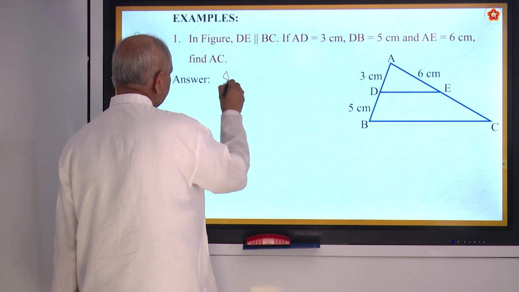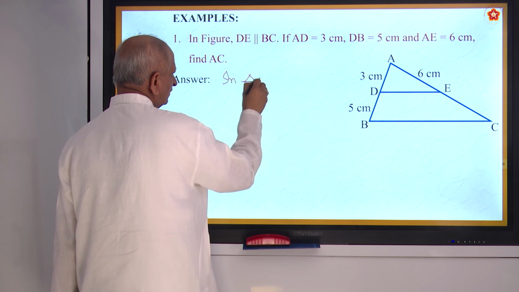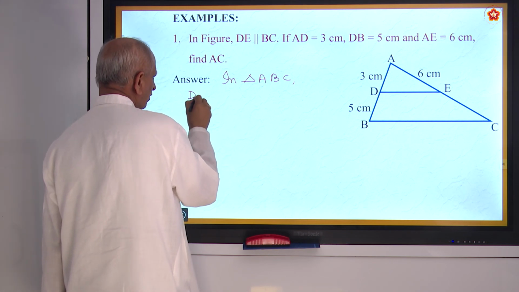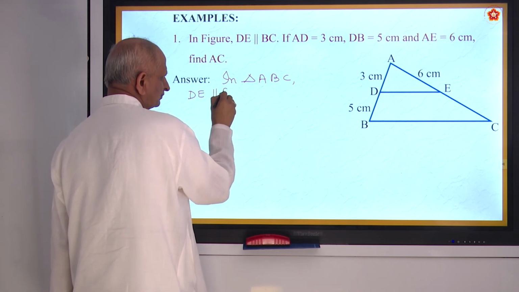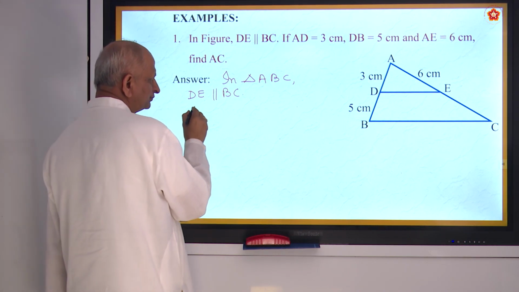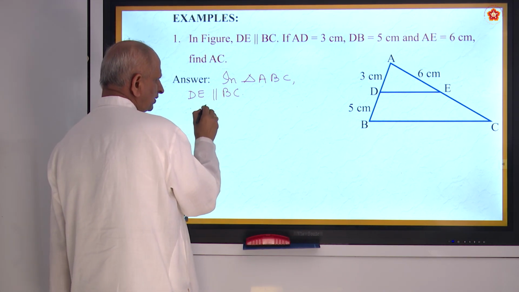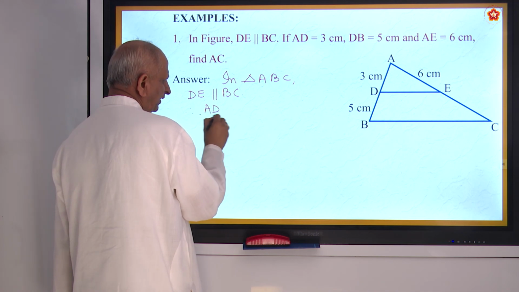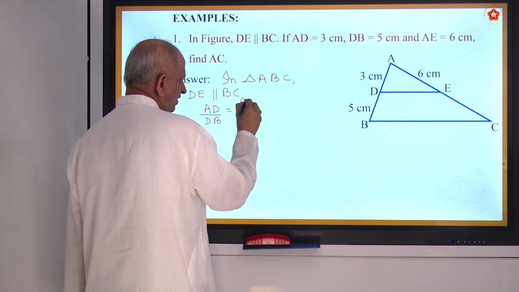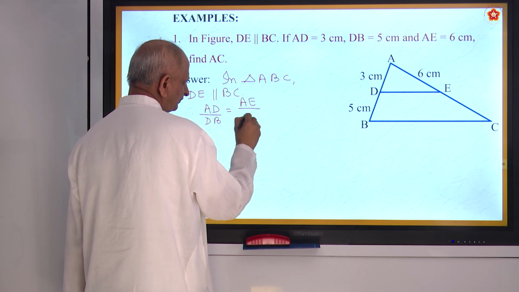So answer is, in triangle ABC, DE is drawn parallel to BC. Therefore, by basic proportionality theorem, you have ratio of sides AD by DB is equal to AE by EC.